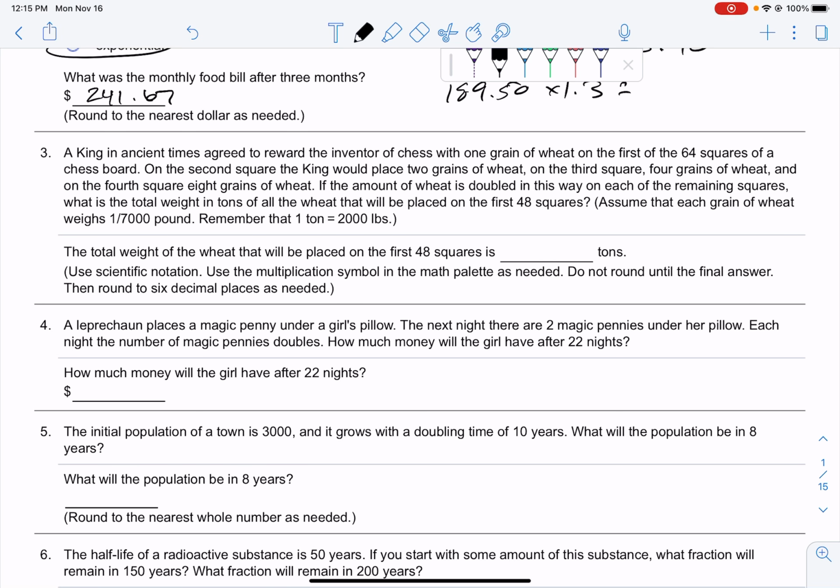So the first thing that we need to do is figure out pounds. So it says, assume that each grain of wheat is 1/7,000th of a pound. So if I start with 1/7,000th, and I'm going to times that by my number of grains. I've got 2 to the 48 minus 1 grains of wheat.